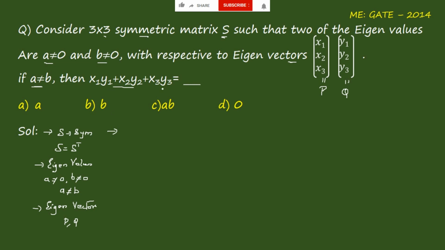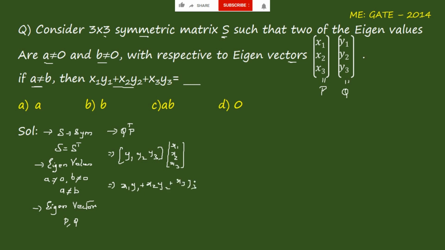Now, how to get this particular equation? First, you have to think about it. If you do Q transpose into P, it becomes y1, y2, y3 multiplied with the P matrix x1, x2, and x3. So it becomes x1 y1 plus x2 y2 plus x3 y3.